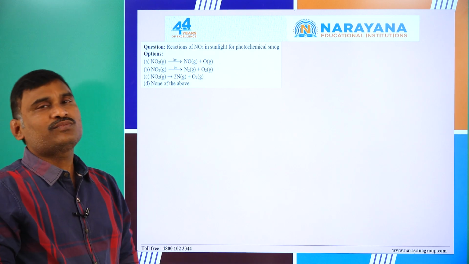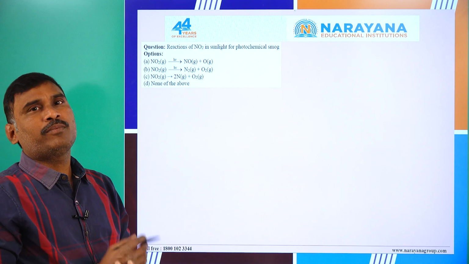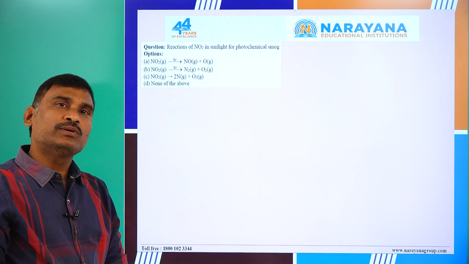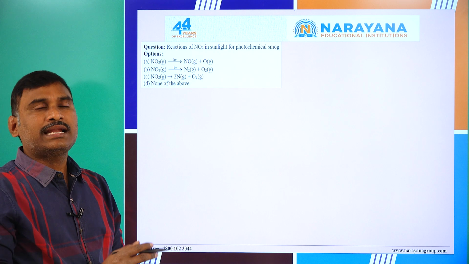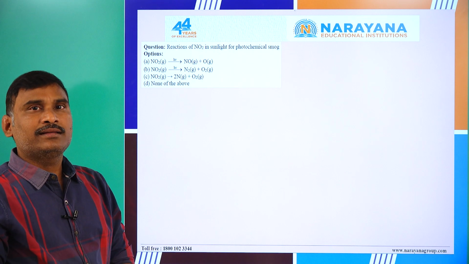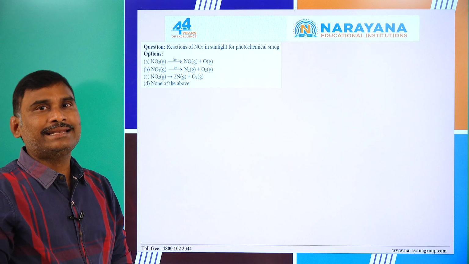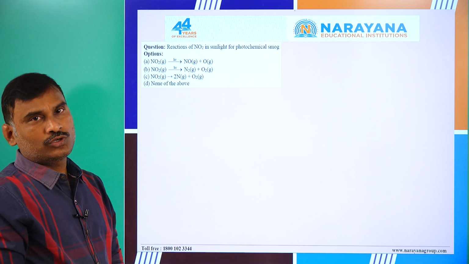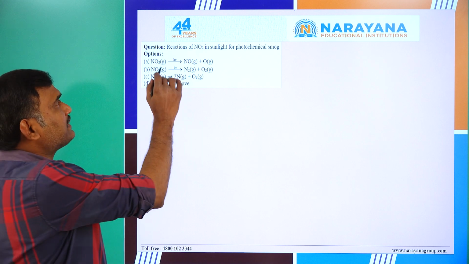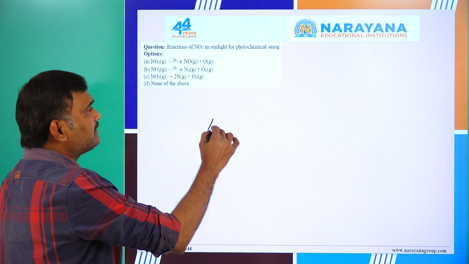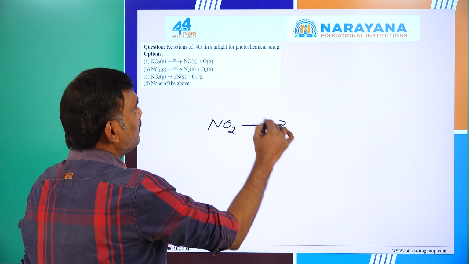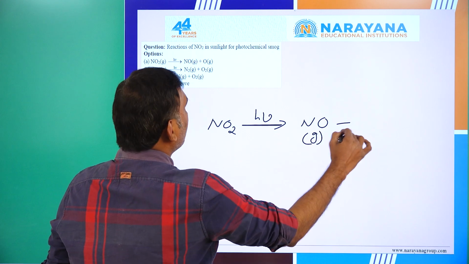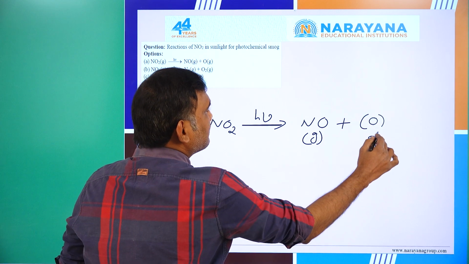Now, reactions of NO2 in the sunlight of photochemical smog. Actually, when fossil fuels are burnt, they produce different types of pollutants. Among these, there are two major pollutants: unburnt hydrocarbons and nitric oxide. This nitric oxide again combines into NO2. In the presence of light in the photochemical smog, NO2 decomposes into nitric oxide and nascent oxygen.